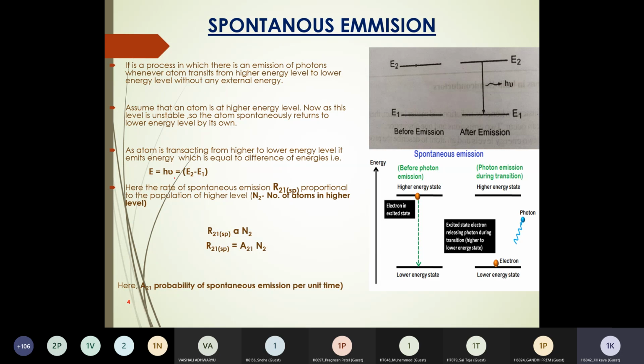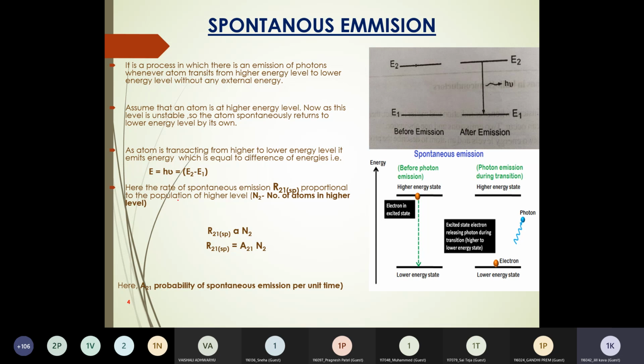The energy difference between the higher energy state and the lower energy state is h mu, which we can denote as E2 minus E1. E2 is the energy of the higher energy state where the atom is present before the emission, and E1 is the lower energy state after emission. The rate of spontaneous emission is R21, where 2 stands for higher energy state, meaning the atom is coming from higher energy state to lower energy state, and SP denotes spontaneous emission.